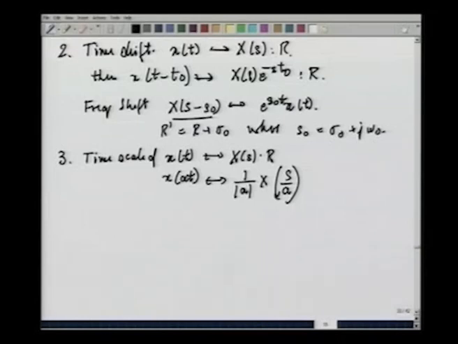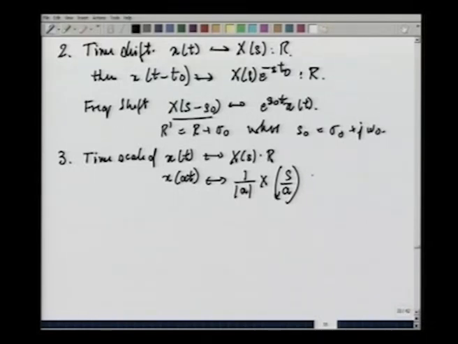Now, what is the ROC of X of s by a? Again, look at the expression, X of s by a is what we now have. Earlier we had X of s with a region of points R. Now, X of s by a will simply yield a new set of points which relates to the old set of points by the following means.